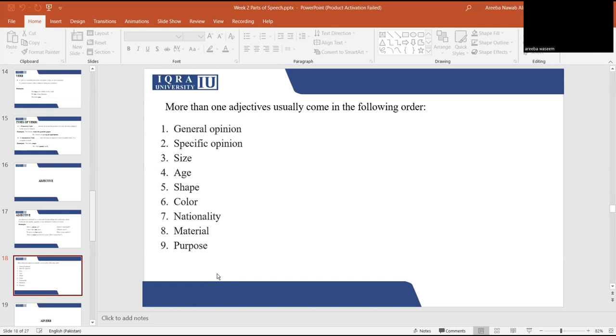Like if you have a general opinion about something, you can say that is a bad pencil. It is your general opinion. Okay, or no, it is just a specific opinion. But if you were to say, I dislike pencils, or Sana usually likes bad pencils.